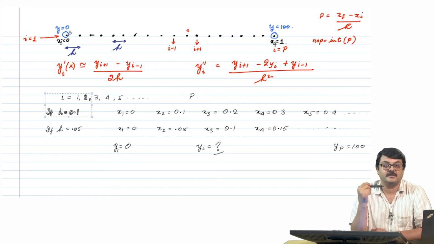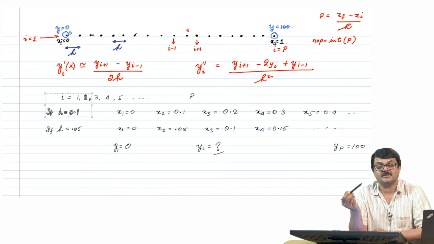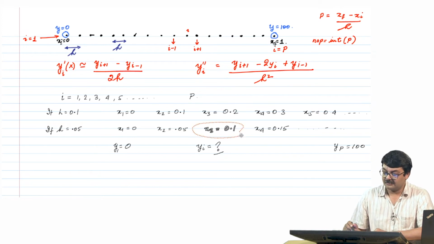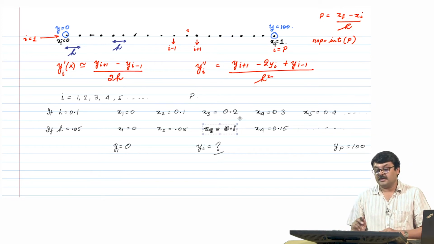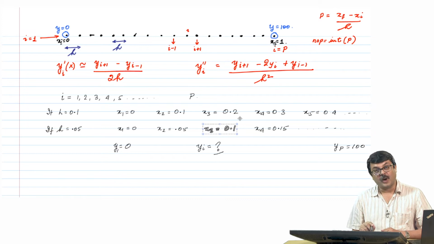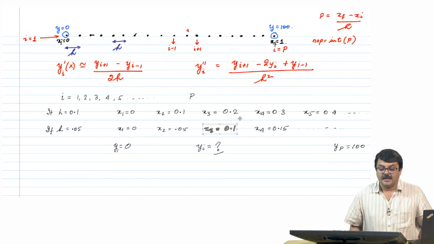If h equal to 0.05, then x1 will be 0, x2 will be 0.05, x3 will be essentially 0.1. So, you have to calculate at each of these i points the value of y and basically plot y as a function of x, which is your solution.